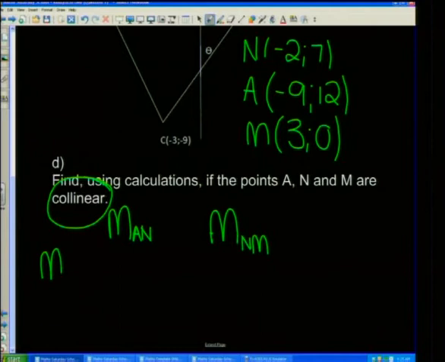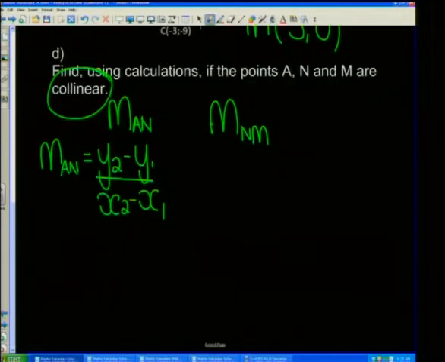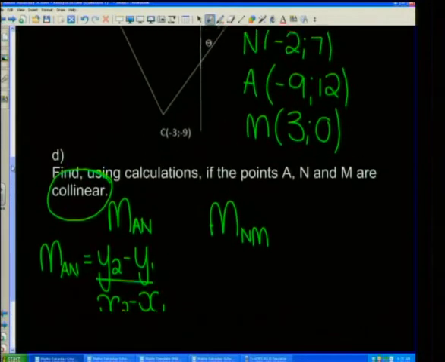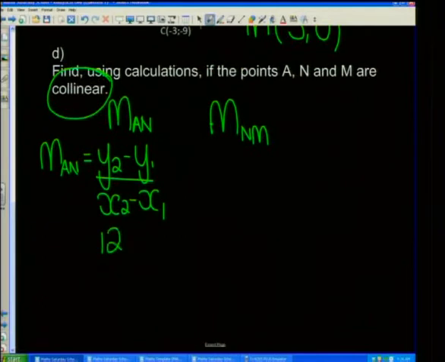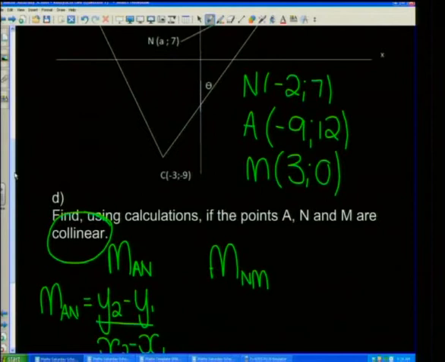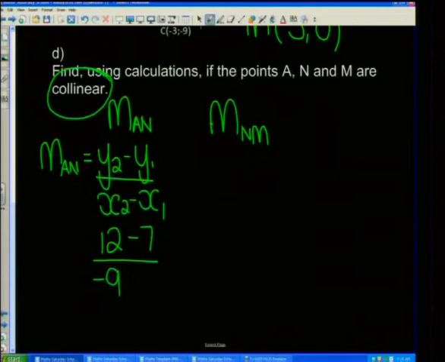Gradient from A to N. Change in Y over change in X, so Y2 minus Y1 over X2 minus X1. A and N. Y2 minus Y1, so 12 minus 7, over X2 minus X1, so -9 minus -2.